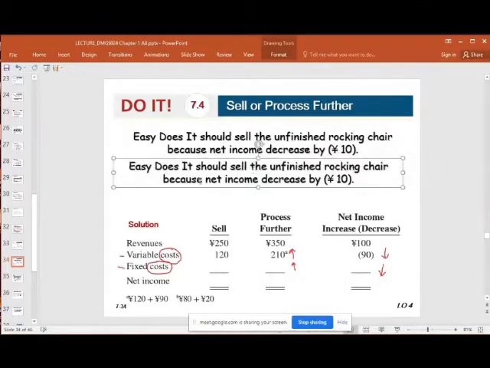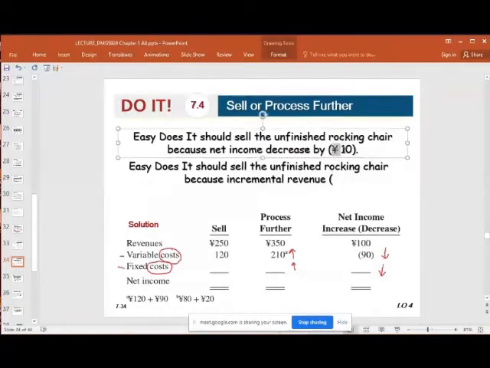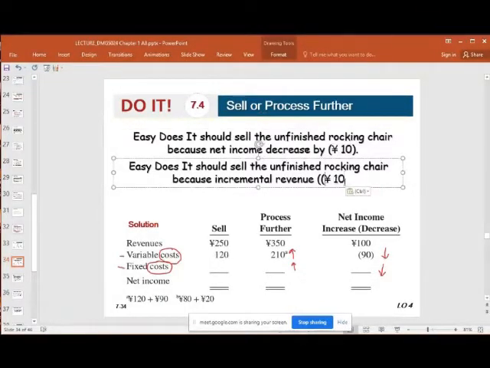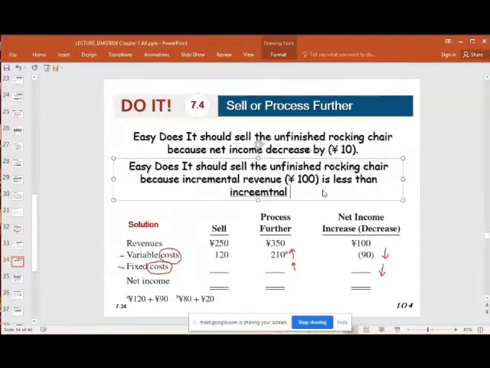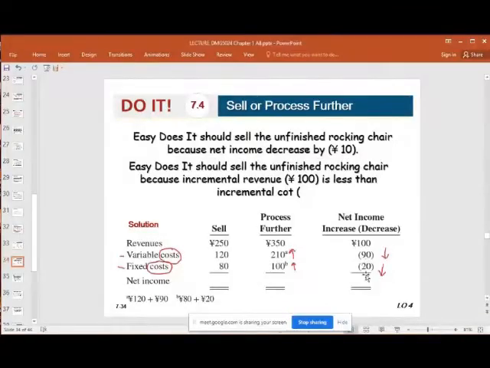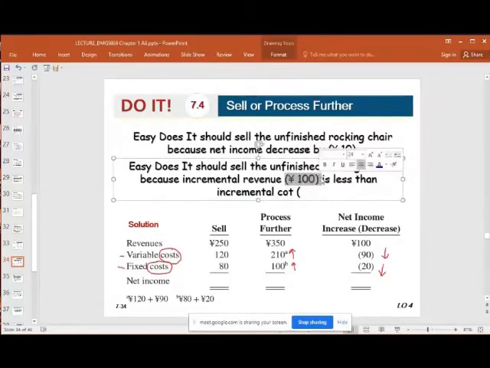So Easy Does It should sell unfinished rocking chair because incremental revenue, which is here, this one, 100, is less than incremental cost, which is 90 and 20, so 110. That is another way to write it.